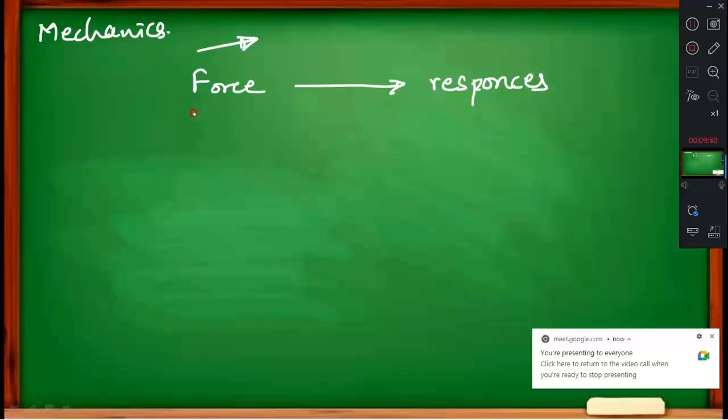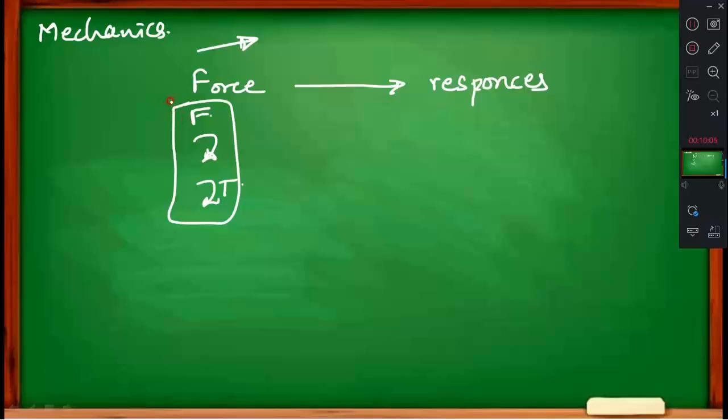Force does not mean just this arrow force. It might be any linear force, or a moment, or a torque, or bending, whatever that is. Force means one external agent which is changing the state of motion. Then responses means what?